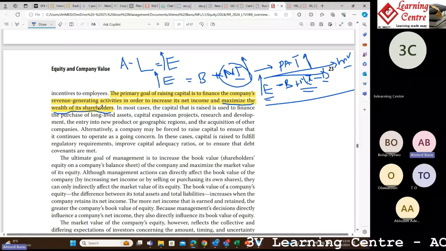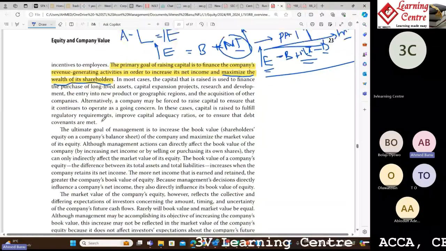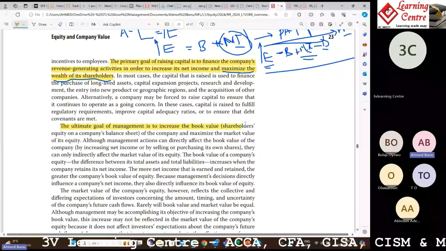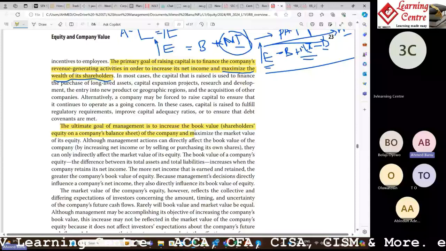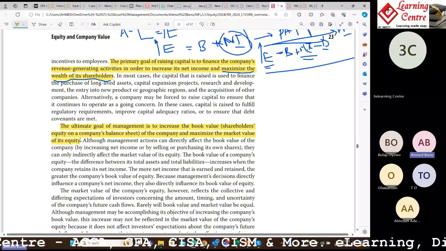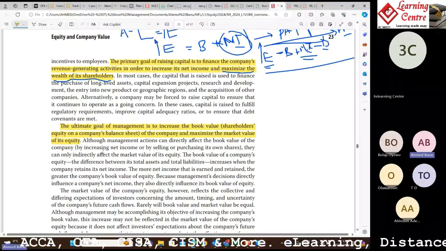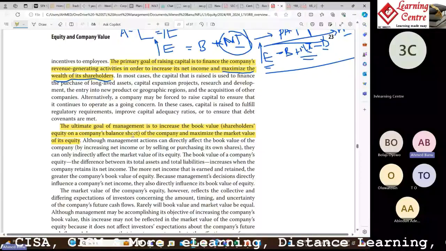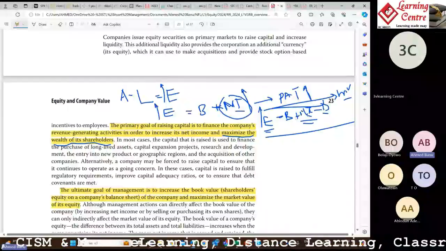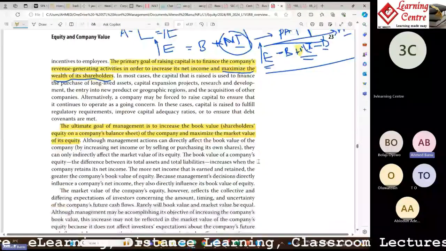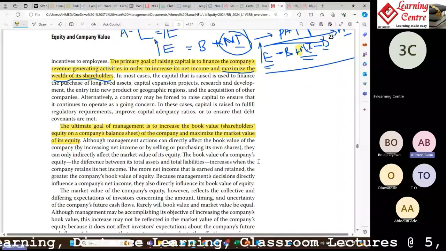So the ultimate goal of management, which I've mentioned earlier, is to increase the book value of the company and maximize the market value of equity. One way to maximize market value is to continue to increase your book value. And one way you can increase your book value is by increasing your net income.